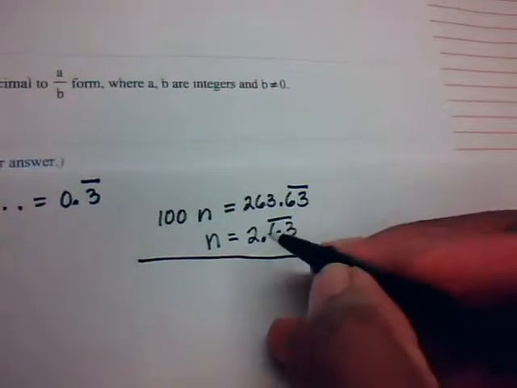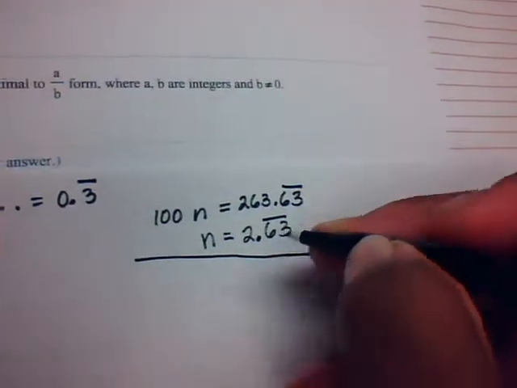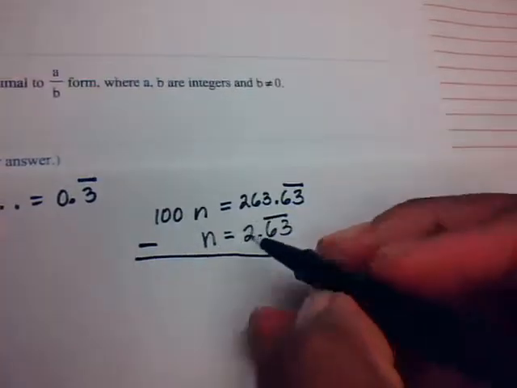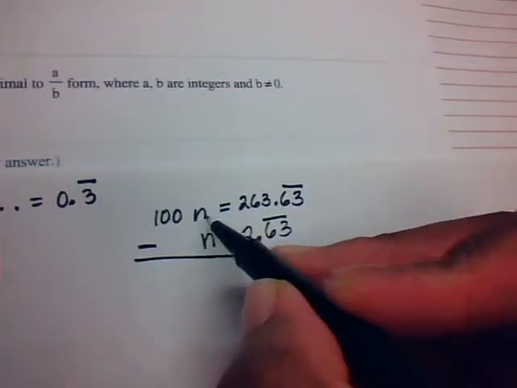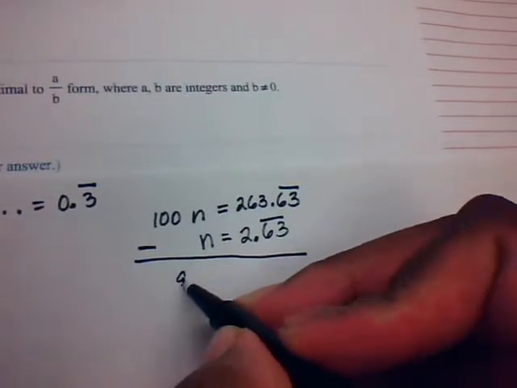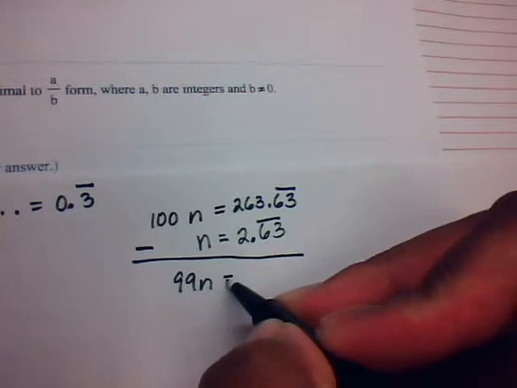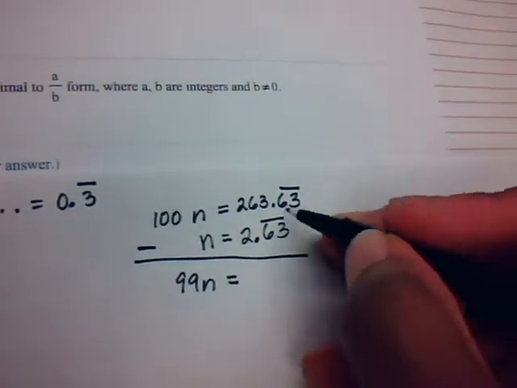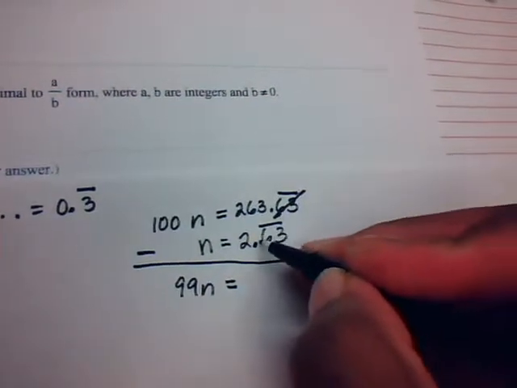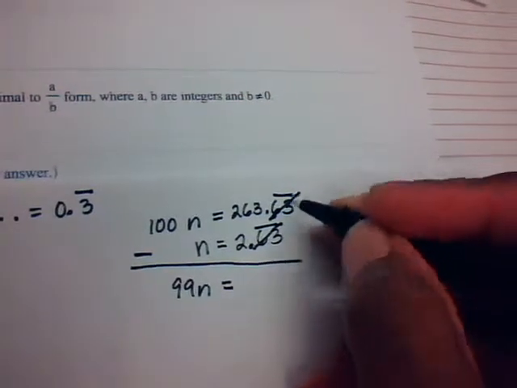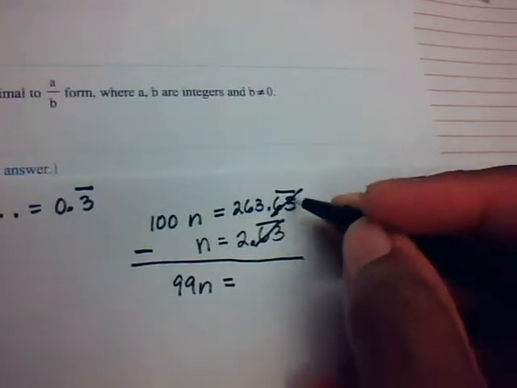Now what I'm going to do here is subtract those 2 equations. When I subtract, 100n minus 1n is 99n. Now when I subtract the right-hand side, the 63, which is the repeating part, goes away.